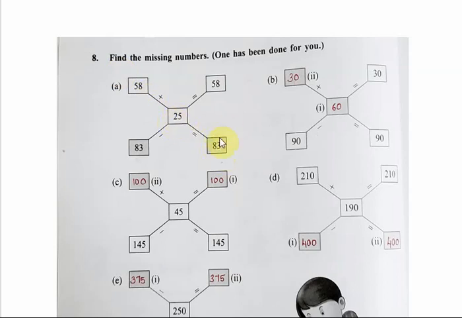This sum will become the minuend in this case. Why? Because sum is the greater number in addition, and minuend is the biggest number in subtraction. So if you get the sum, then that will be the minuend.